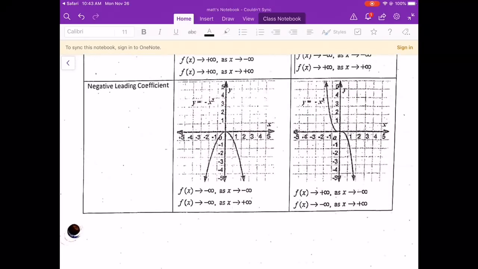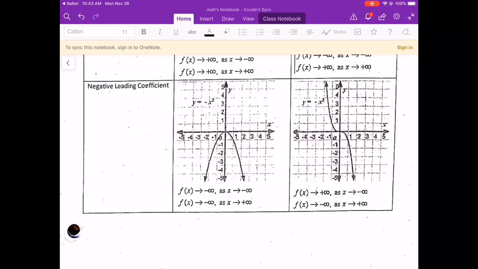So this row right here with the negative coefficient is what would give us what's happening with our evens and our odds. For our even functions, if I have a negative leading coefficient, then both arms are pointing down. So regardless of which way you're looking, left side, negative infinity, right side, positive infinity, on both sides of the graph the y values are trending down to negative infinity.